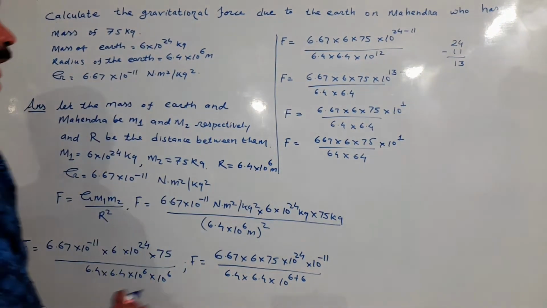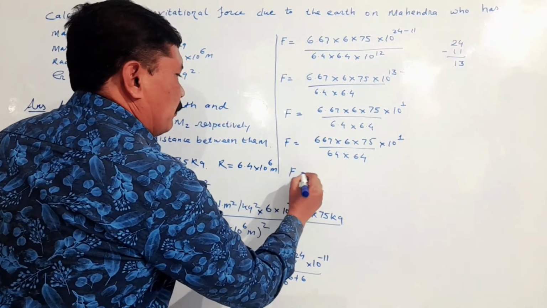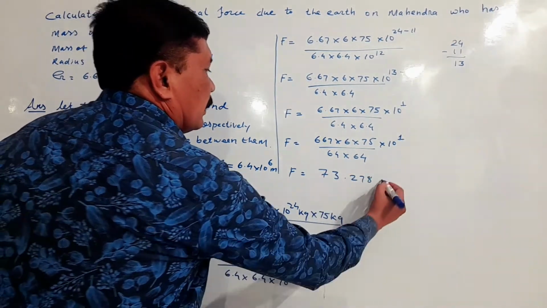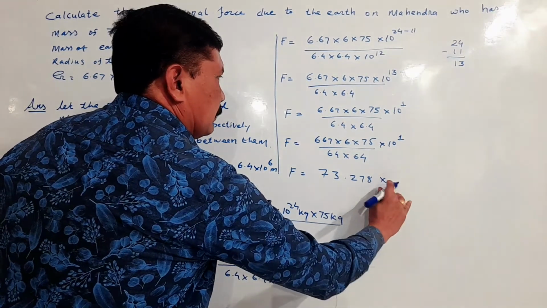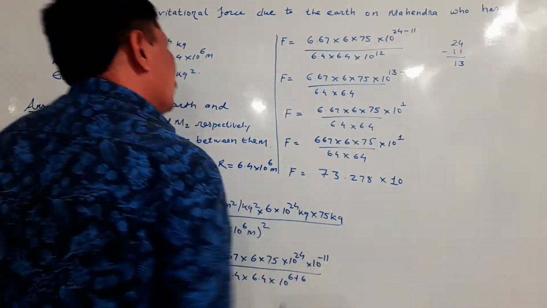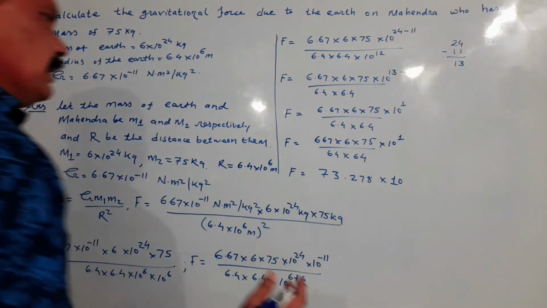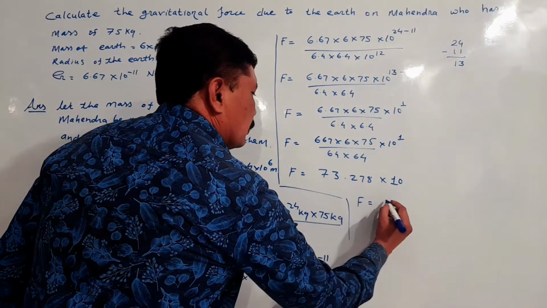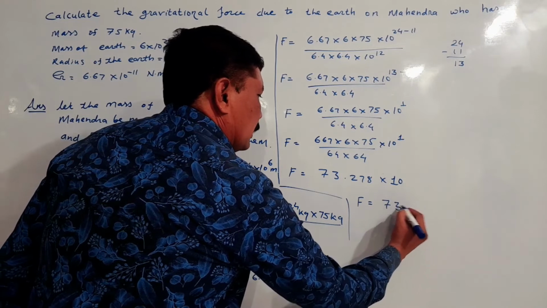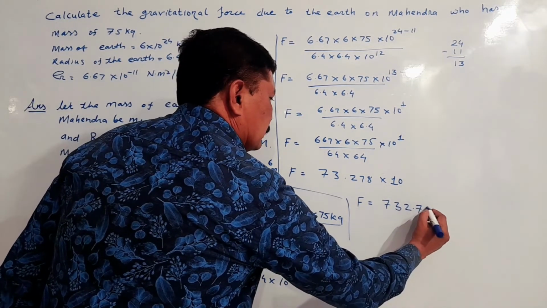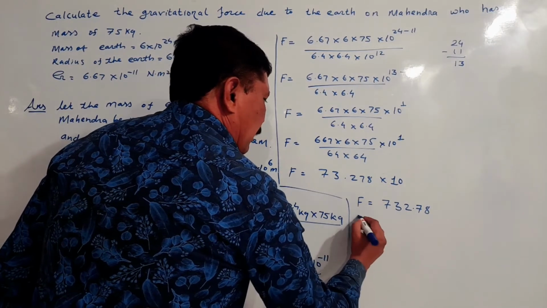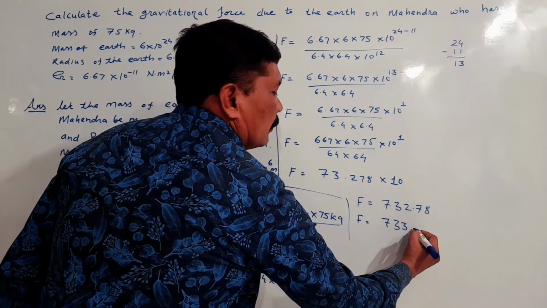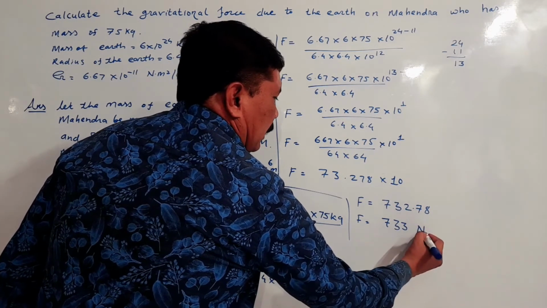Now if we simplify the step, we get F is equal to 73.278 into 10 to the power 1. So need not to write. Now this we can write in this way. F is equal to 732.78. F is equal to 733 Newton will be the force.